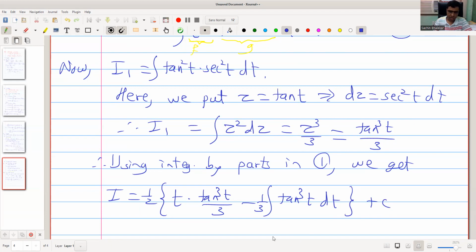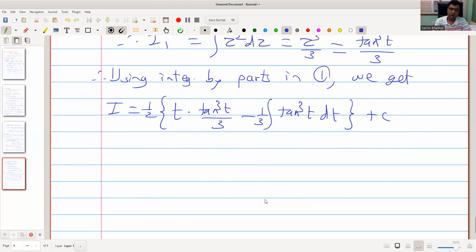Now the next thing is to evaluate this integral tan cube. So we are not done still. We call this as number 2 and let I2 be integral tan cube t dt. Now how to evaluate this?